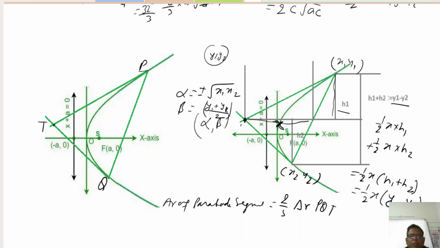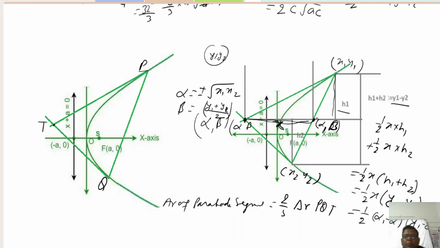So this one is alpha, and from alpha we can find this point also, because you put it in this line. Suppose you will get alpha 1, beta 1. So x will be alpha 1 minus alpha, and y will be y1 minus y2.